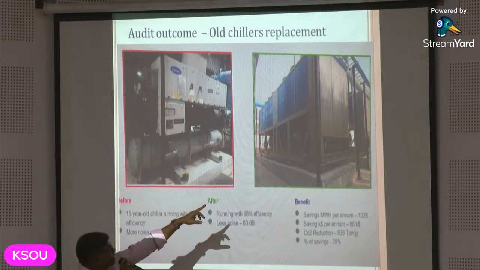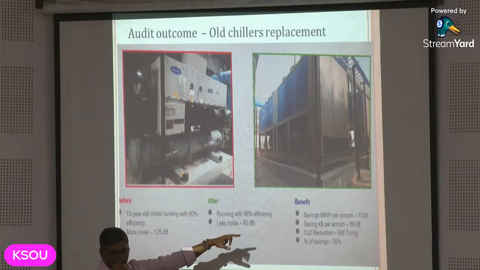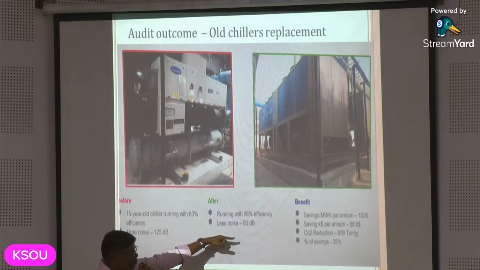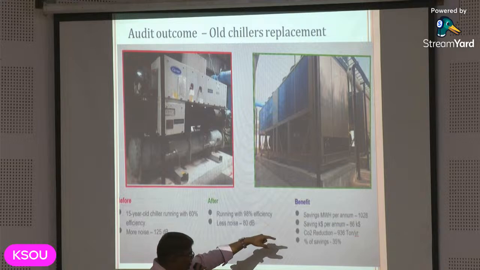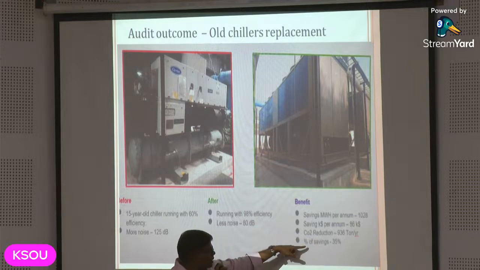After that, they installed this, running at 98% efficiency. This is 60, this is 98. The noise is 80 dB. You see the savings per annum in terms of dollars, then the carbon dioxide reduction is 936.